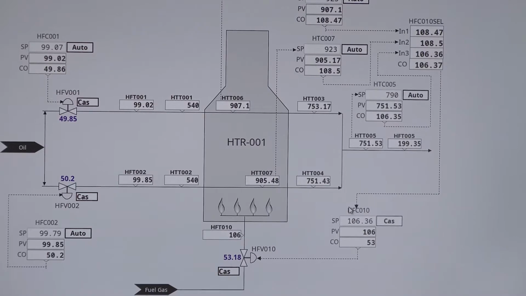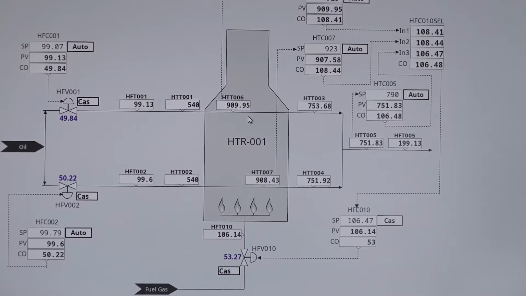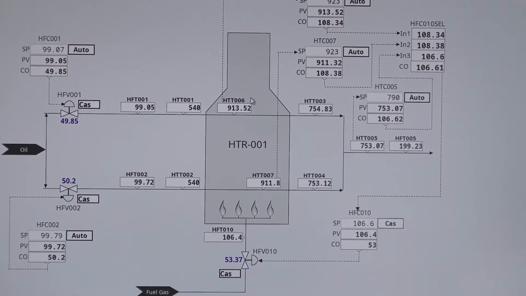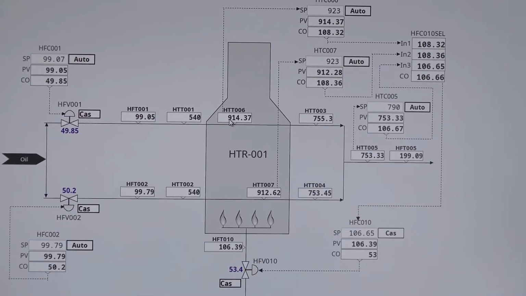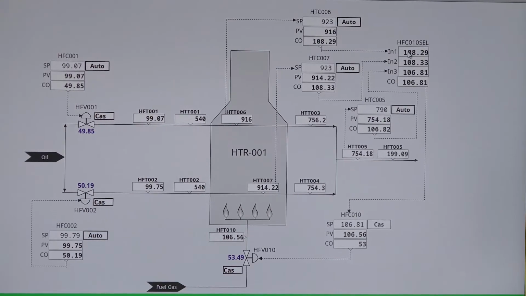Now, as that's happening, the tube skins are also going to be warming up. And so part of this control strategy is that we have some controllers here that are looking at the difference between the tube skin and the tube skin limit. And they're also calling for their own values of the fuel gas set point.